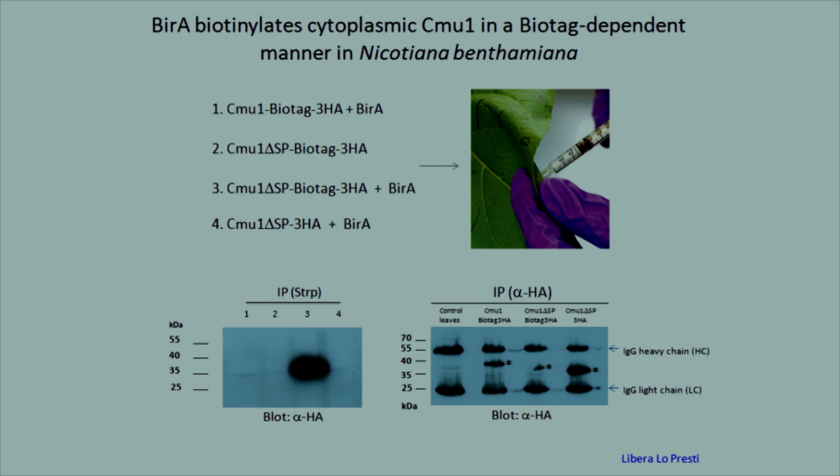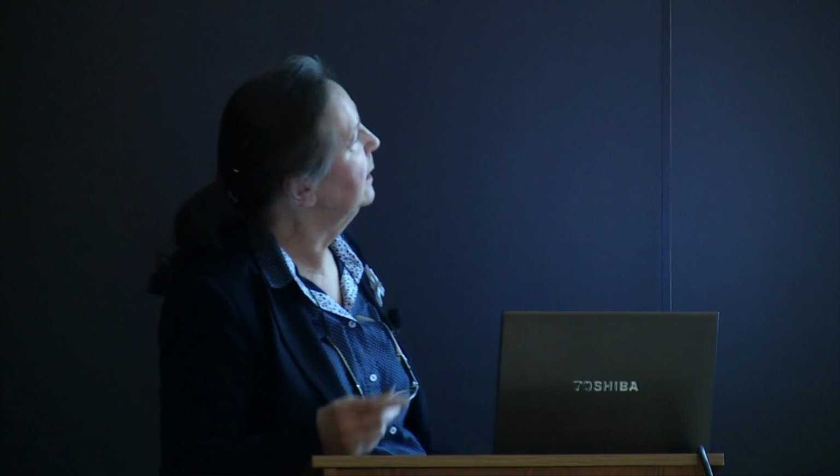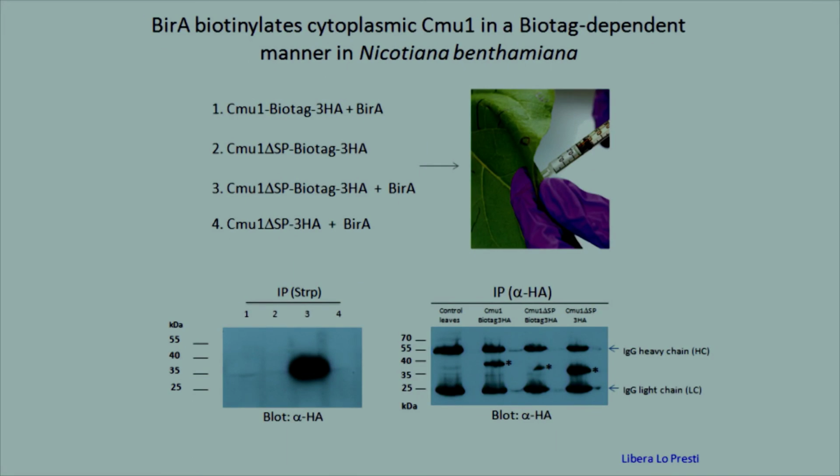In this case, we expressed the effector with its own secretion signal in the presence of BirA. And you can see basically nothing, because the effector is eliminated from the cytosol, it's secreted and should not get in contact with BirA, should not be biotinylated. In this case, we expressed the biotagged effector without the biotin ligase, nothing.